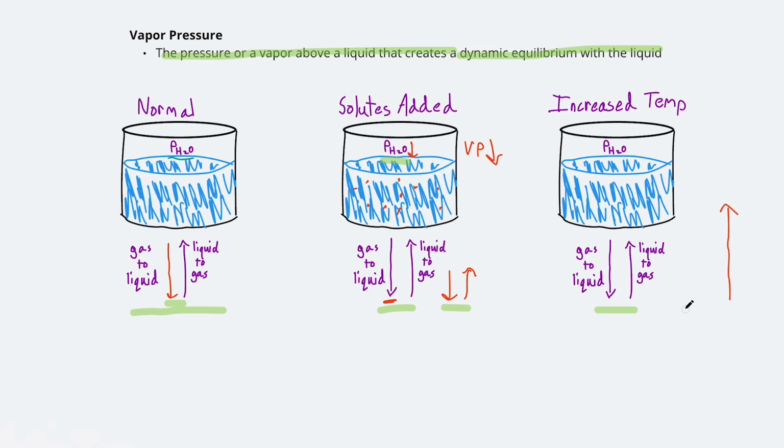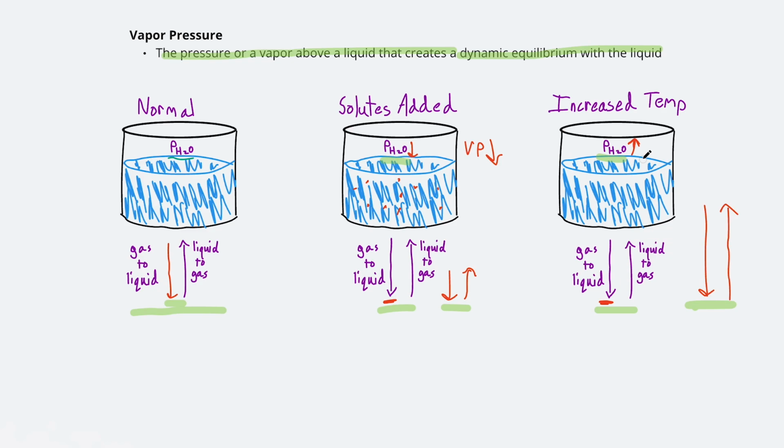So over time, you have more gas particles, so the pressure of the H2O is going up. And as more gas particles build up, your gas to liquid rate is gradually increasing. Eventually, equilibrium will be reestablished, and the pressure you have once equilibrium is reestablished is your vapor pressure. So increasing the temperature increases the vapor pressure.